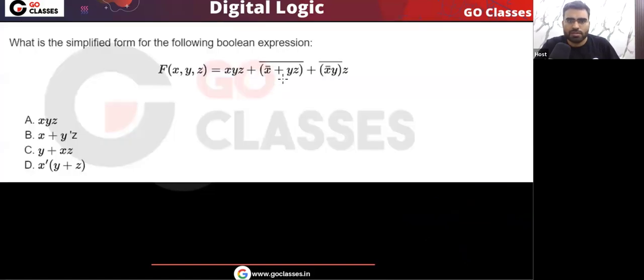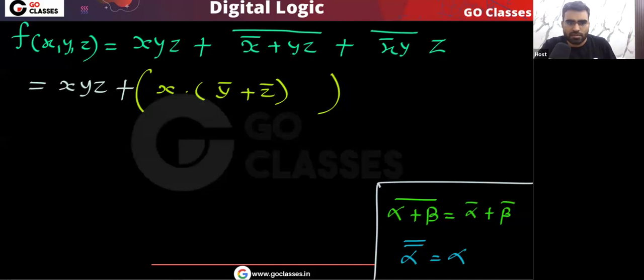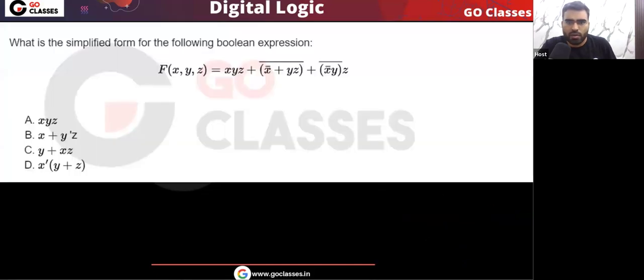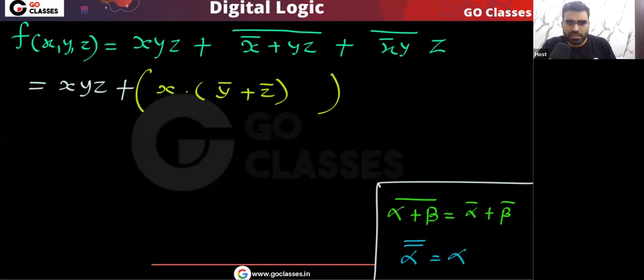See this: xyz or (x bar or yz) whole complement. Let me check the question. Is the question correct? Yes, the question is correct, I've written everything correctly. Here, (alpha or beta) whole complement is alpha complement and beta complement.